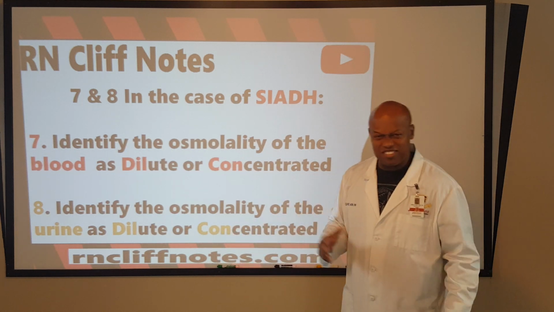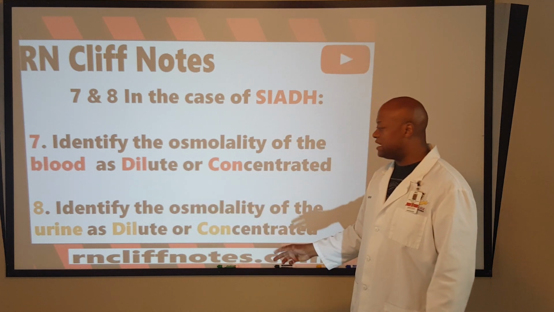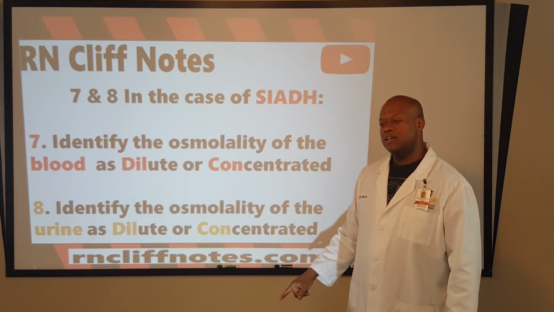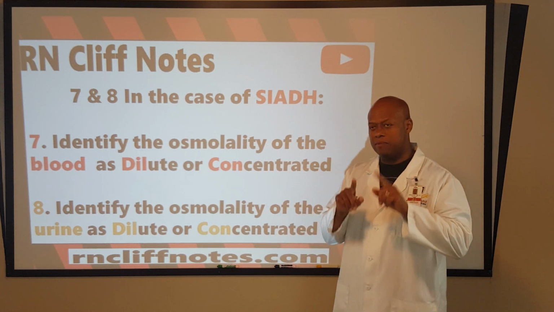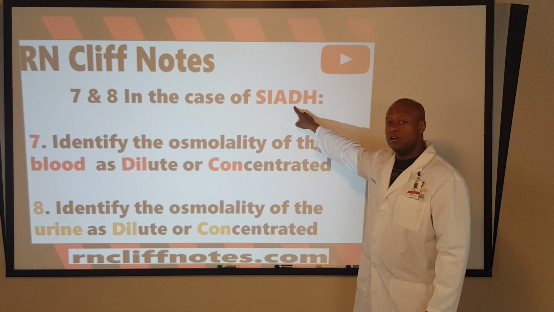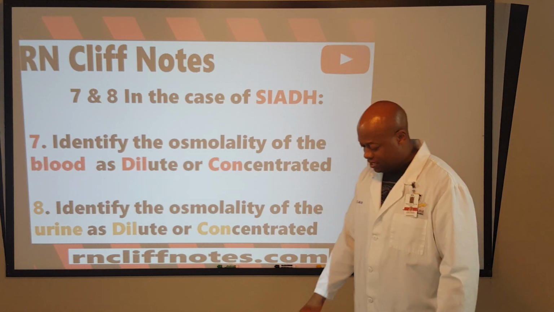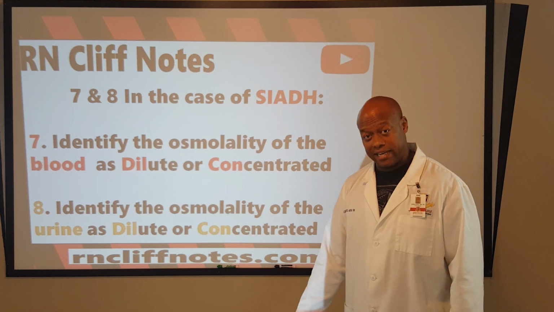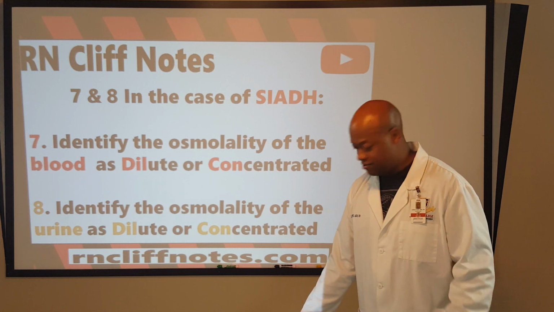I went for orange so you can see it. So we want you to identify the osmolality of the urine in the same way. Will the urine be dilute or concentrated? Now remember, this is relative to SIADH this time, okay? So you put those down for 7 and 8. Dilute or concentrated, pick one.